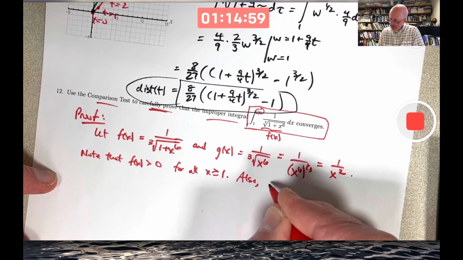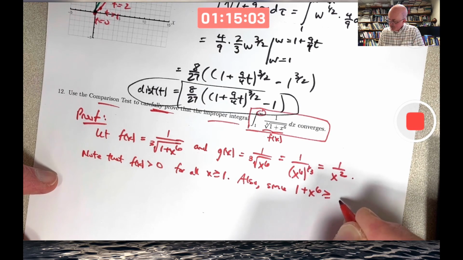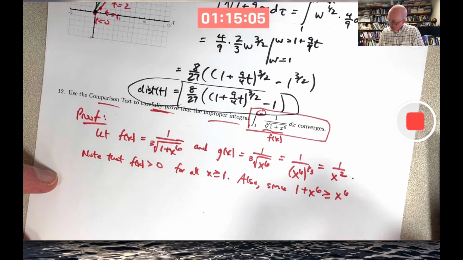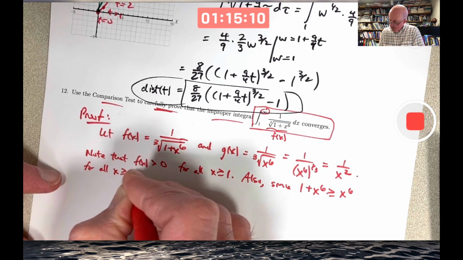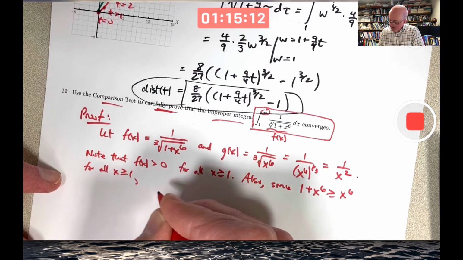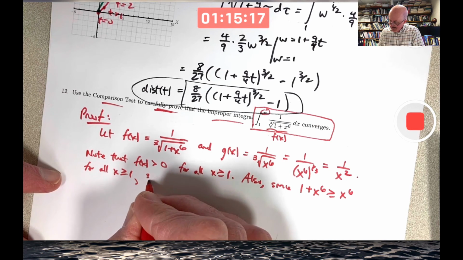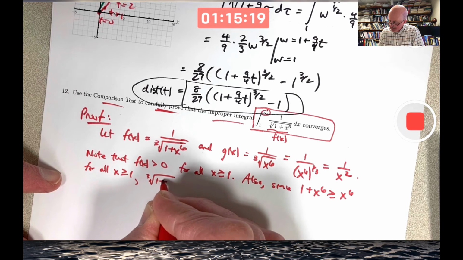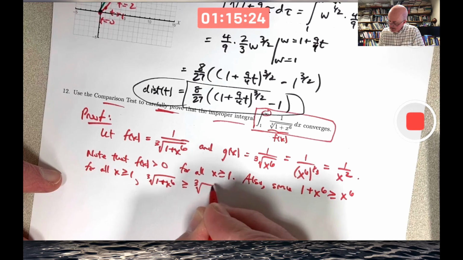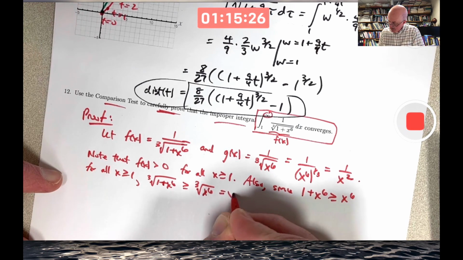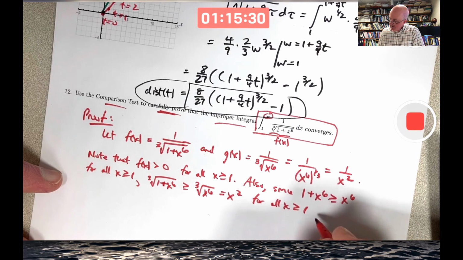Also, since 1 plus x to the 6th is greater than or equal to x to the 6th, no matter what x is, but certainly for all x greater than or equal to 1, that implies that the cube root of 1 plus x to the 6th is also greater than or equal to the cube root of x to the 6th, which is x squared, for all x greater than or equal to 1.